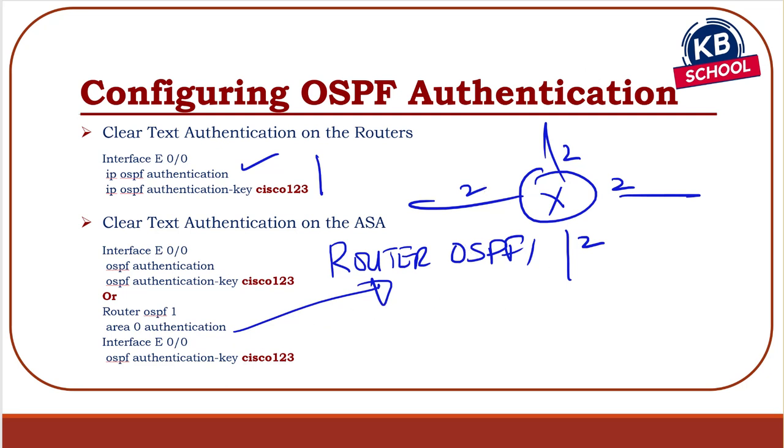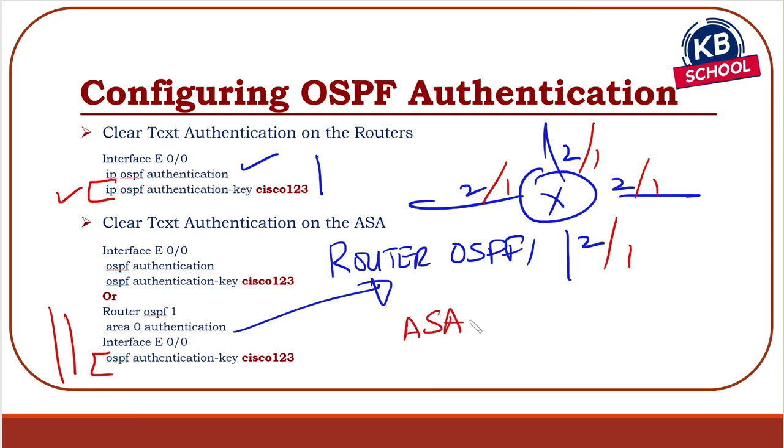Then instead of 2 commands under each interface, I would just do 1. And what is that 1? That is a key. Key always needs to be specified under the interface. So that's the advantage of doing it this way. And this is available to you both on the ASA as well as on the router.